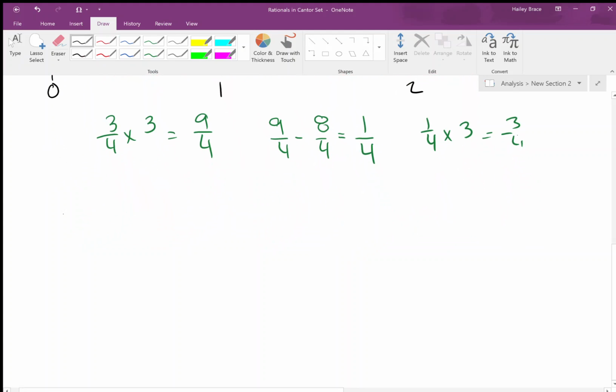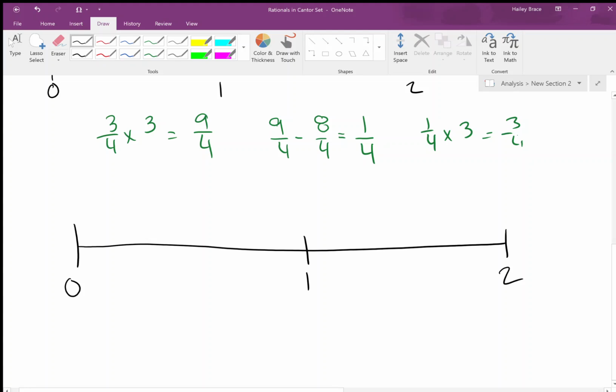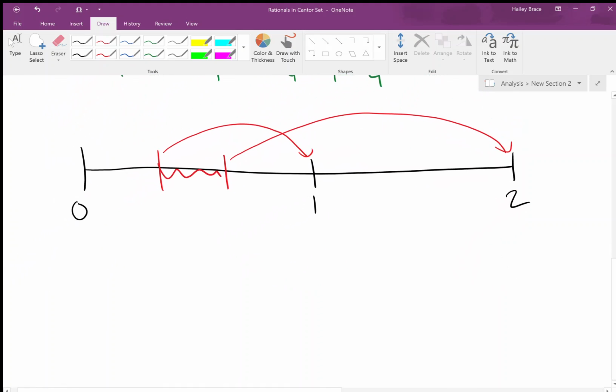Now let's look at one that's not going to work out so nicely. Let's set this up again so we can see what's going on. So let's take the number 5/6. I'll do it in red because we know this isn't going to work out.